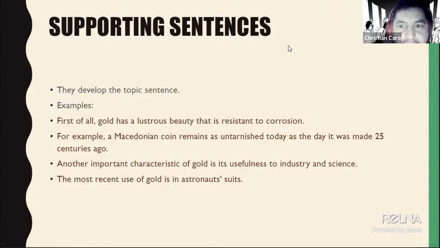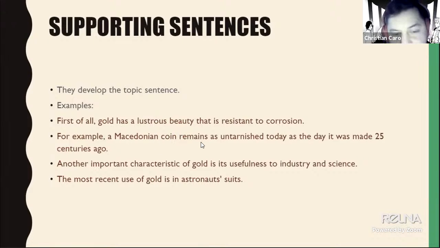Then we got the supporting sentences, which come right after the topic sentence. What is the function in this case? They develop the topic sentence, of course. They give you extra information. For example, first of all, gold has a lustrous beauty that is resistant to corrosion.